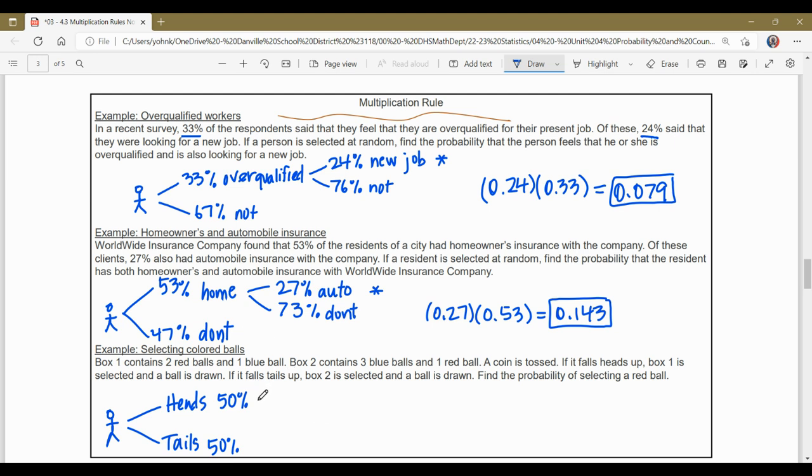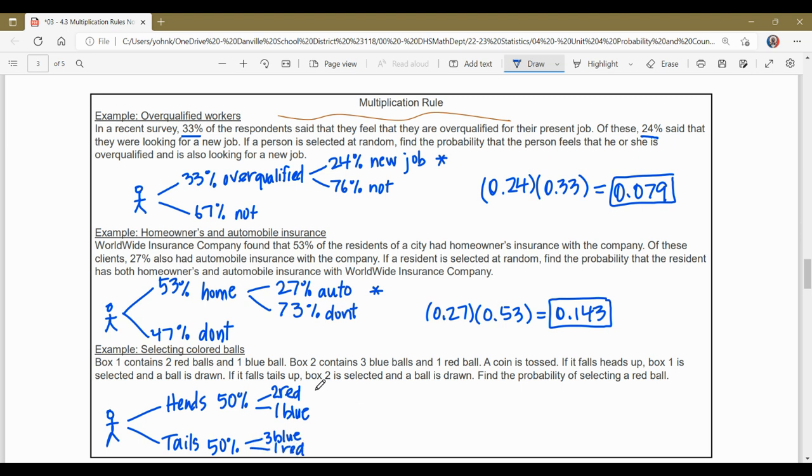Now, if it falls heads up, box 1 is selected, and box 1 has 2 red and 1 blue. Box 2 comes from tails. Box 2 has 3 blue and 1 red.